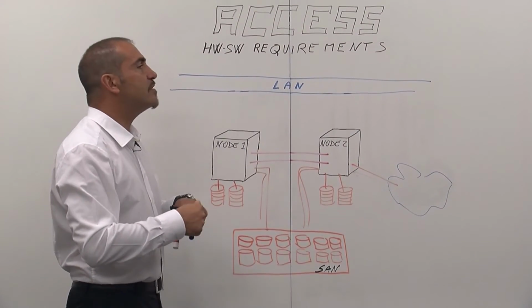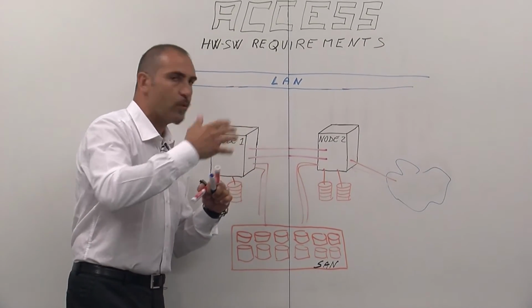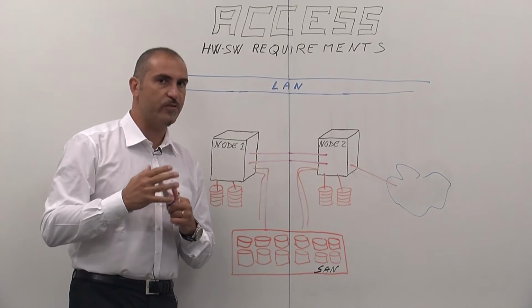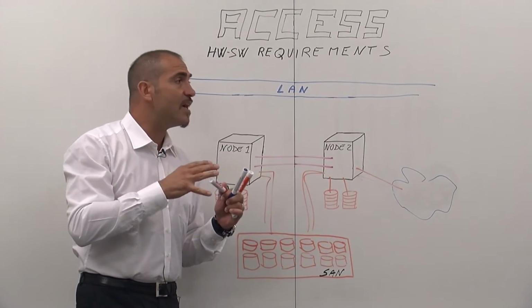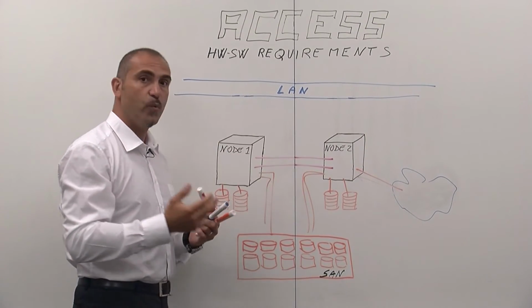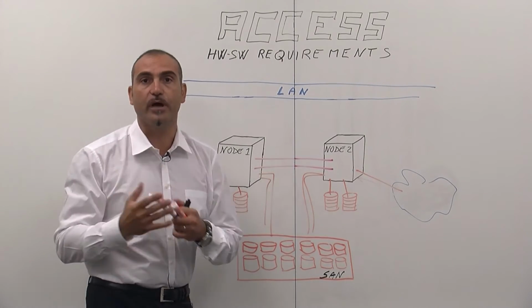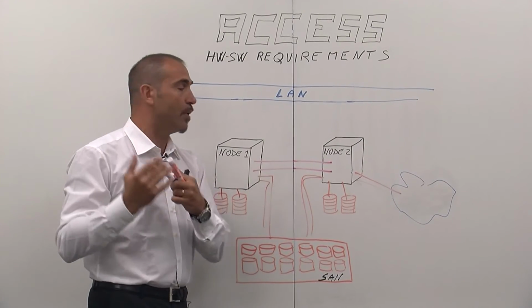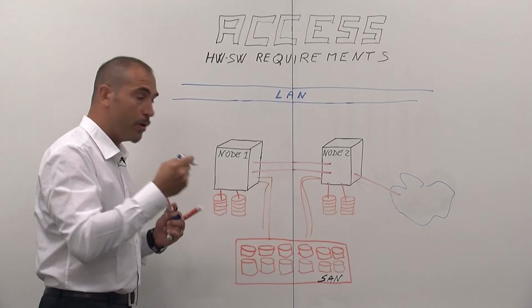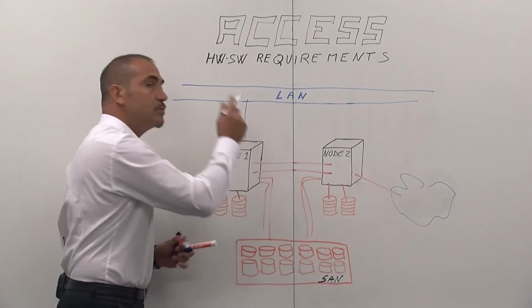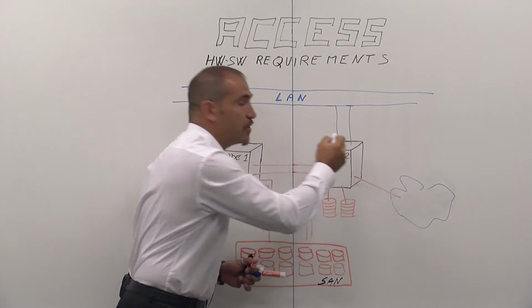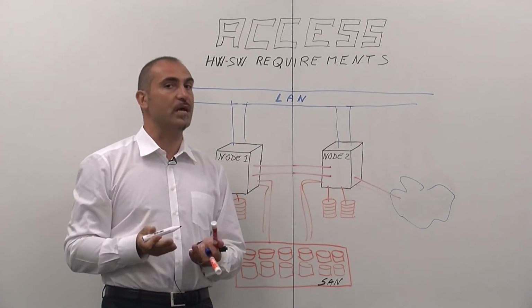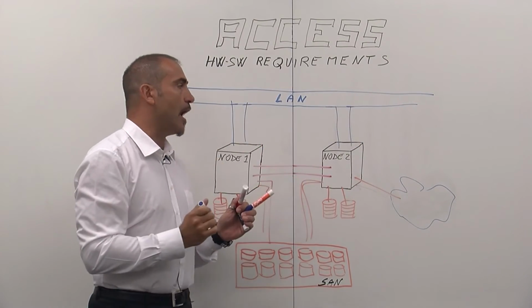Now, talking about the connectivity, the network cards, how many network cards do you need to connect the nodes to the LAN? Since this is an active-active cluster, to reduce the single point of failure problem, we need to connect each node with a LAN through at least 2 different network cards. And each network card will have a proper static IP address.